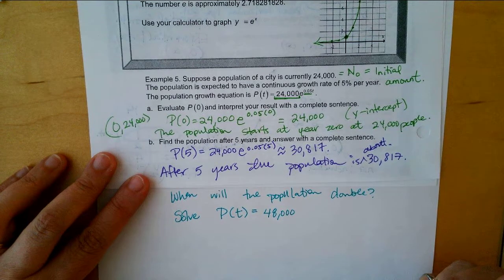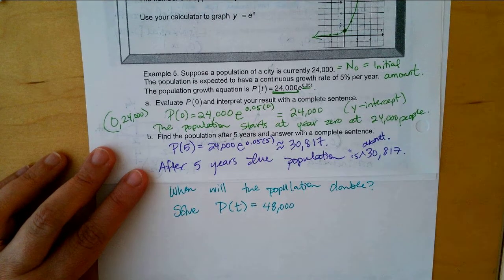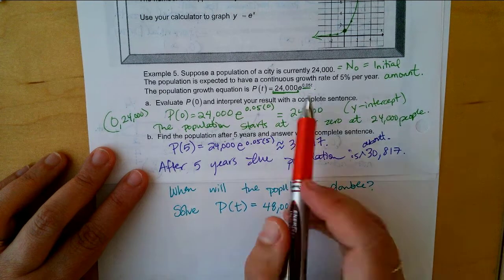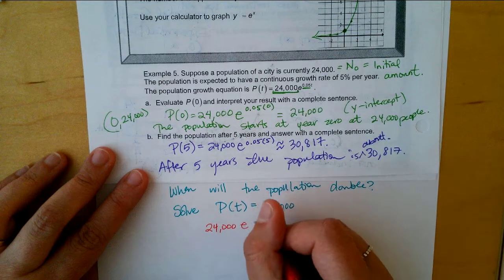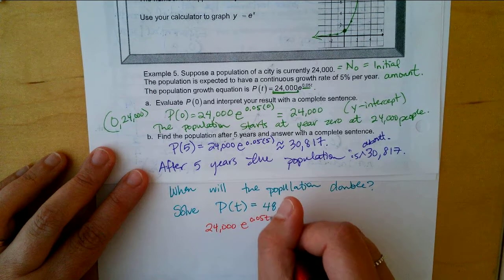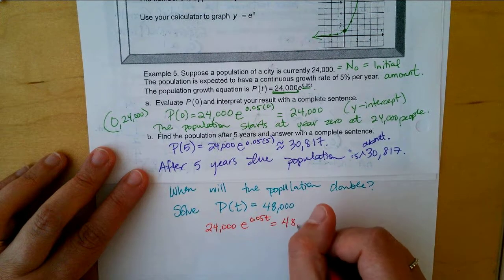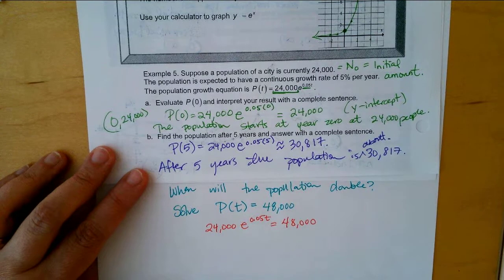Okay, so let's say I was going to try and solve that equation. I would set the equation 24,000 e to the 0.05 t equal to 48,000. And then what would I do to solve? I'm trying to get t by itself. What should I do first, do you think?